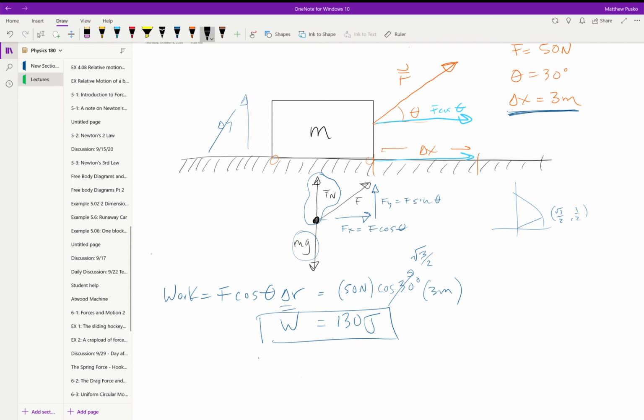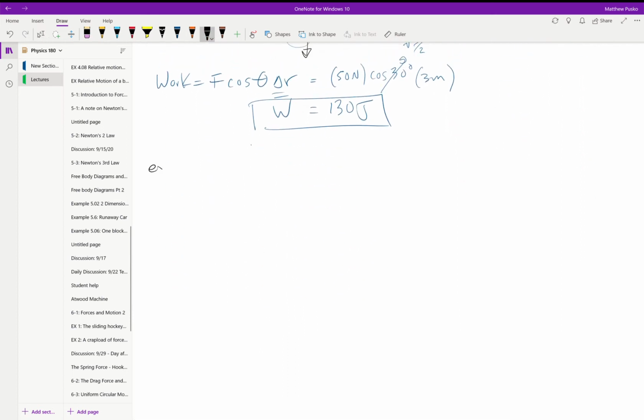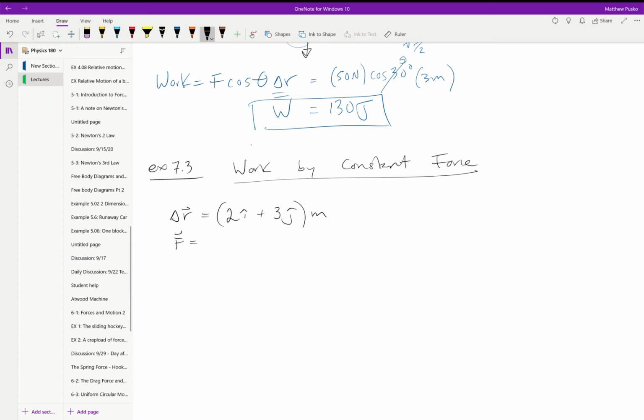Okay, let's take this one step further. We also saw that we have a dot product definition. So if we look at example 7.3, it's work done by a constant force still. They give us the displacement as 2I plus 3J in meters, and a constant force of 5I plus 2J in newtons.